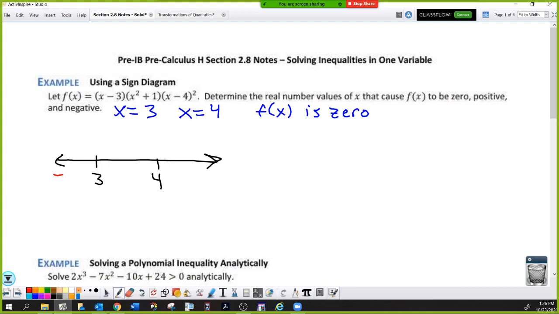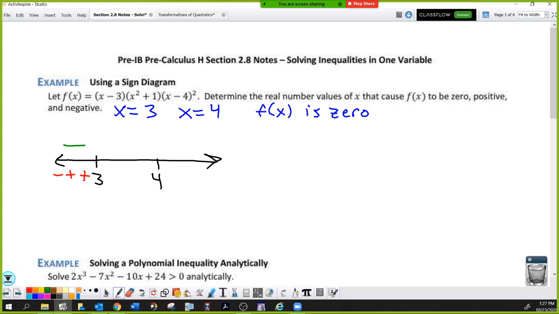It's always going to be a number that is 1 or bigger. The second set of parentheses will always be positive. And the last set of parentheses is squared. So as long as you don't plug in the number x equals 4, it's also always positive. So if I have a negative times 2 positives, what kind of result do I have? Negative. There we go.